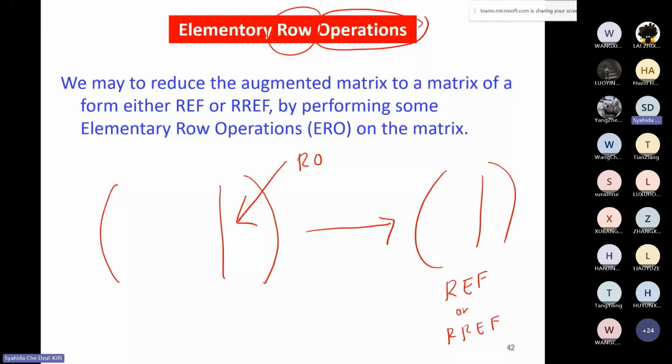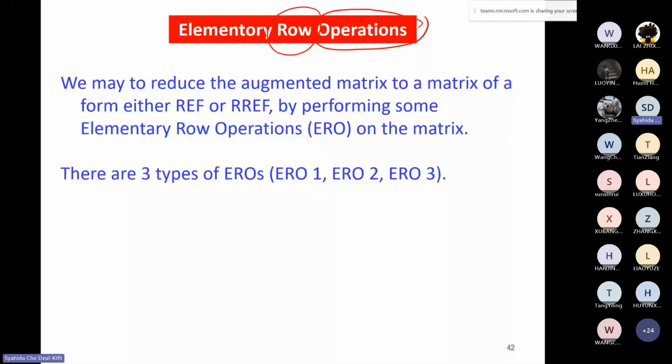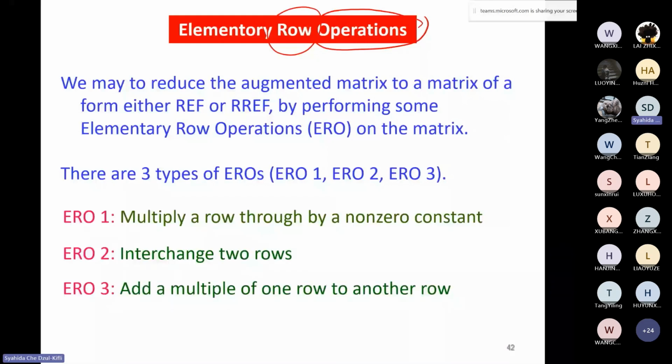That's the aim of elementary row operations. There are three types of elementary row operations. Let us call them ERO 1, ERO 2, and ERO 3. We are going to look at these one by one.